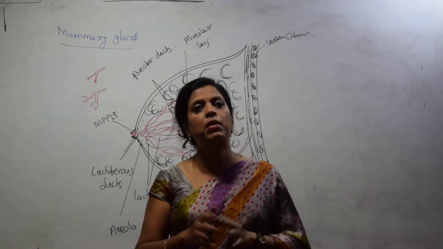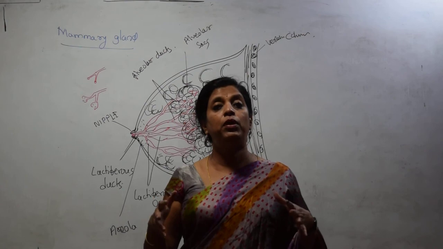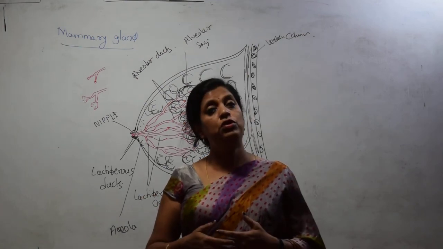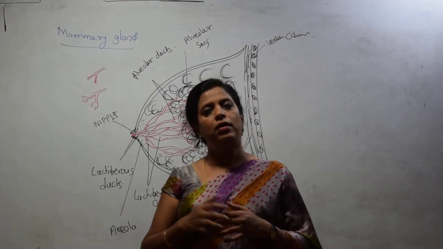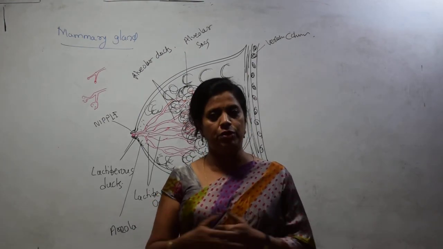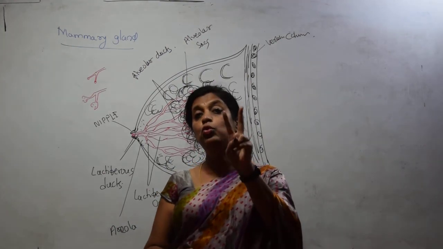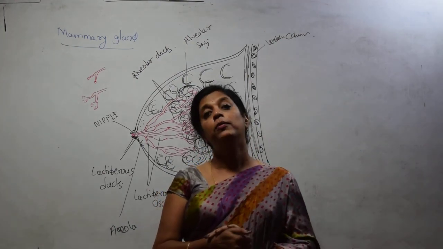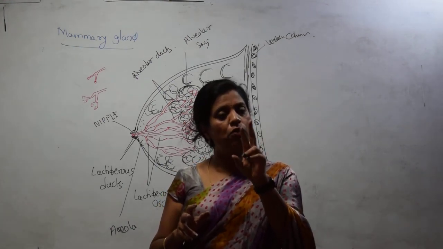The mother has to feed the baby, and only such children will have very good development of the brain, right? Those children who drink milk from the mother's breast will grow very nicely, very intelligent. And a lactating mother per day produces 1 to 2 liters of milk. Remember, children, the mother produces 1 to 2 liters of milk.